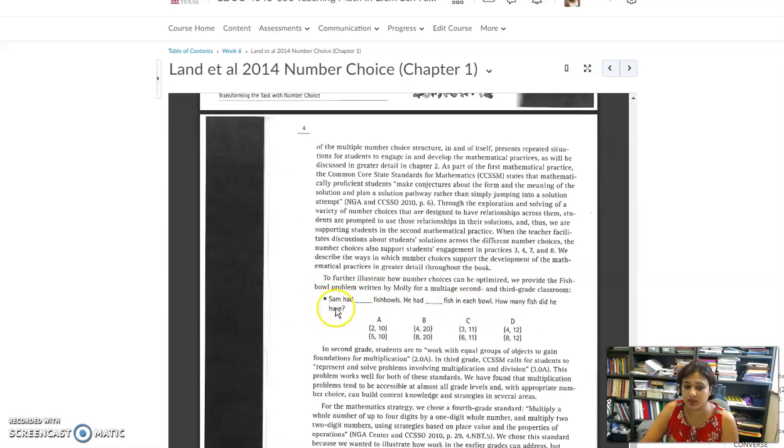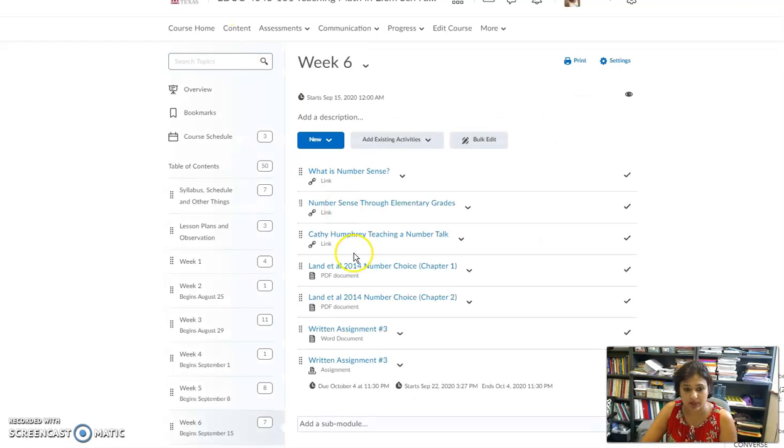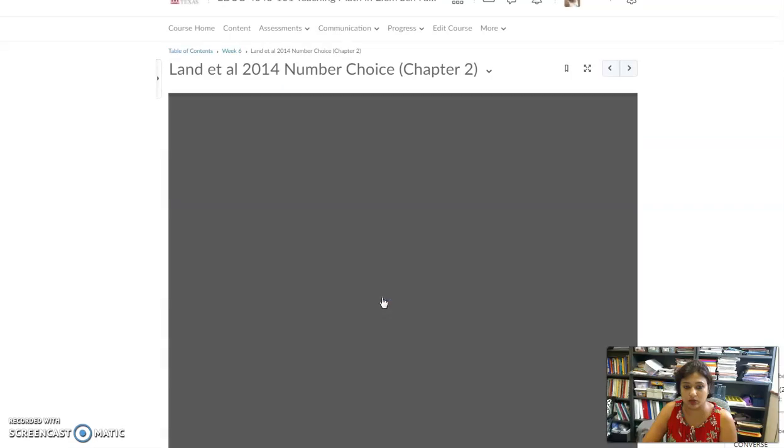Another example is here. Sam had this many fish bowls and he had this many fish in each bowl. How many fish did he have? So there are lots of number choices here, and then they rationalize why. Other great examples are also in your chapter 2.